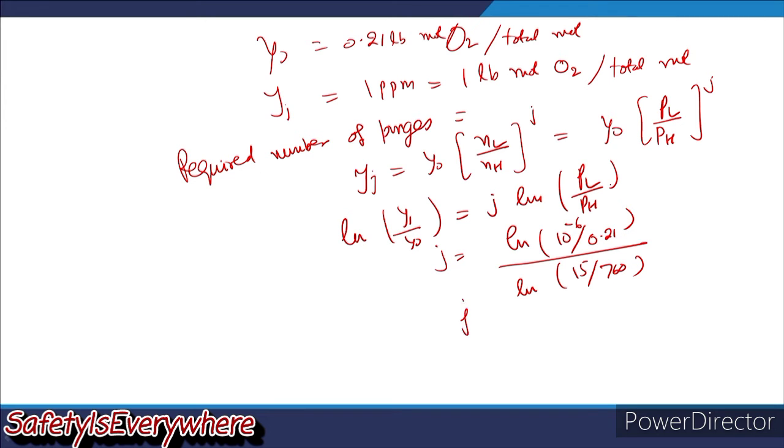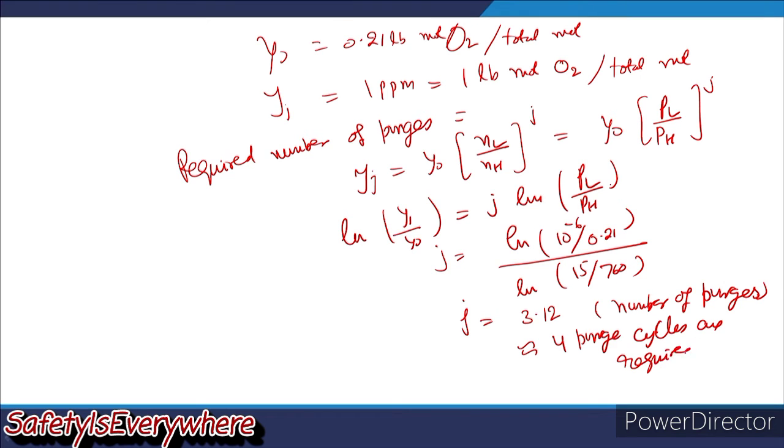So, j is coming out to be 3.12. So, this is the number of purges. So roughly 4 purge cycles are required.